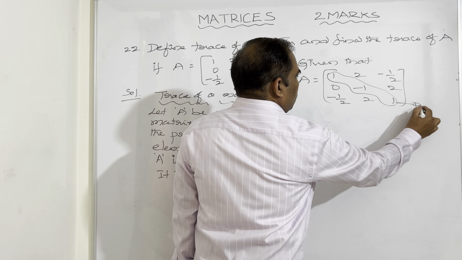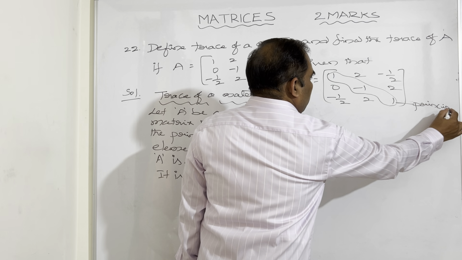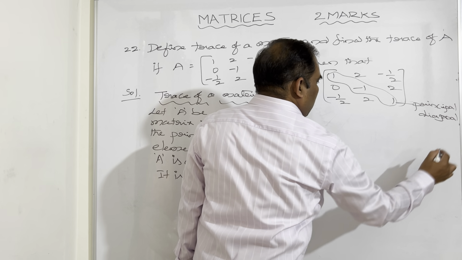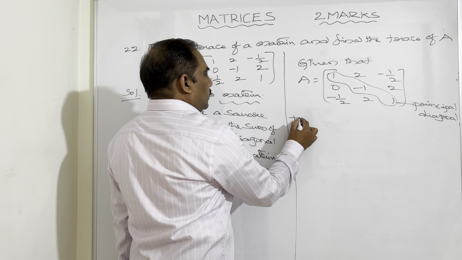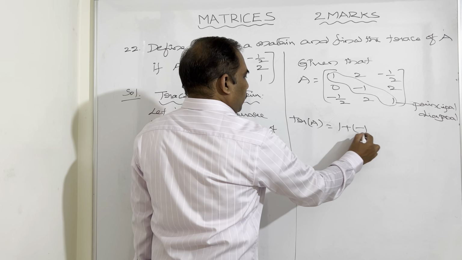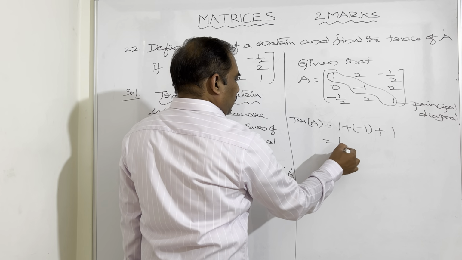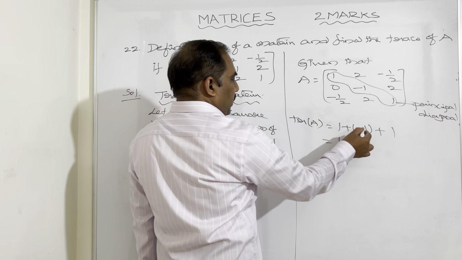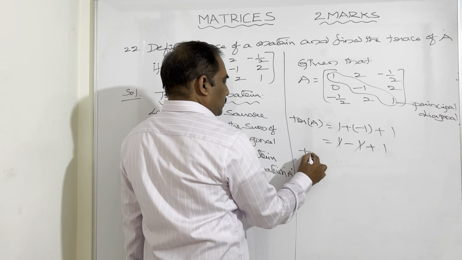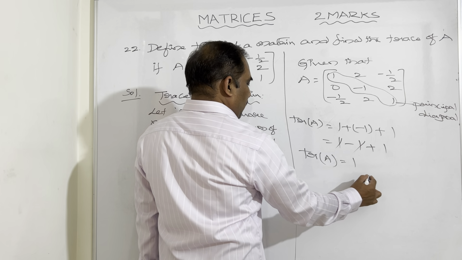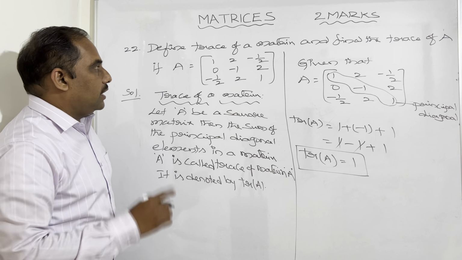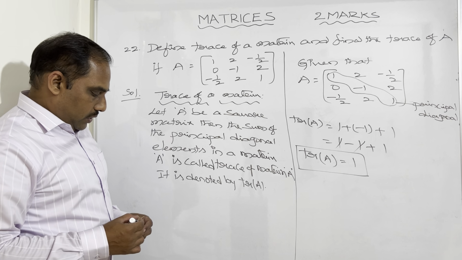So the trace of A is the sum of the principal diagonal elements: 1 plus (-1) plus 1, which is 1 minus 1 plus 1, so these two cancel. So the trace of A is equal to 1. Like this we can define the trace and also find the trace of a given square matrix.